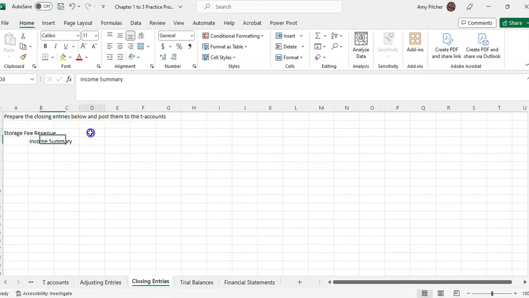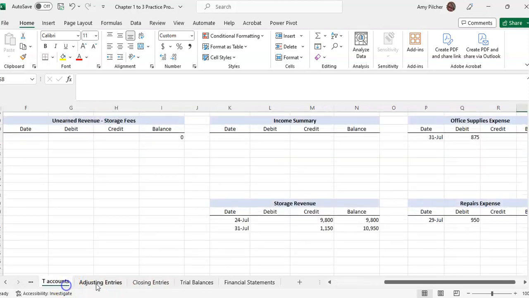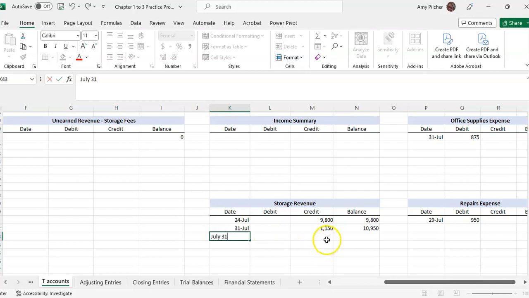So we're going to debit storage fee revenue, 10,950, and credit income summary, 10,950. So we'll record that in our T accounts. It is July 31st.